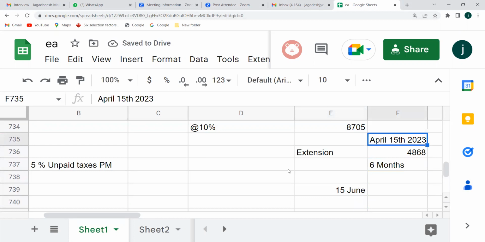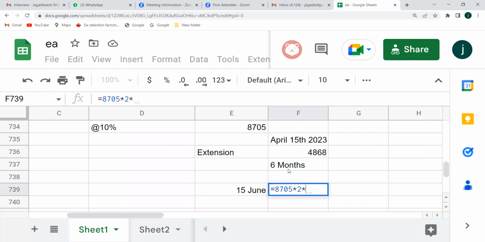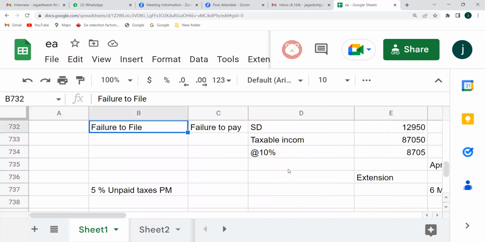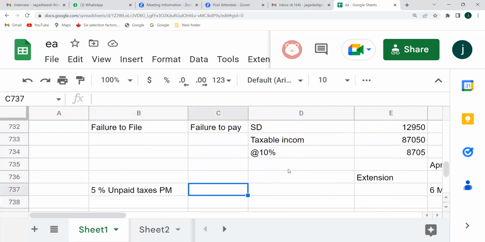So how many months? April 15th to June: May, June, 2 months. So it will be 8705 into 2 months into 5%, which he needs to pay as penalty in case of failure to file the return. Failure to pay penalty will be 0.5% on unpaid dues.